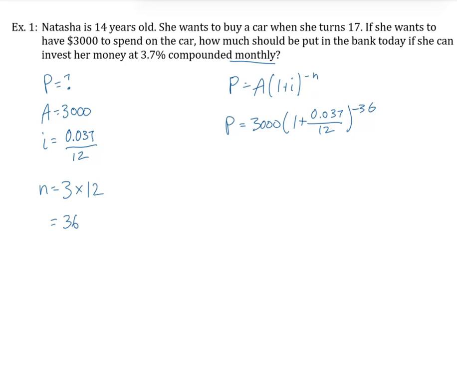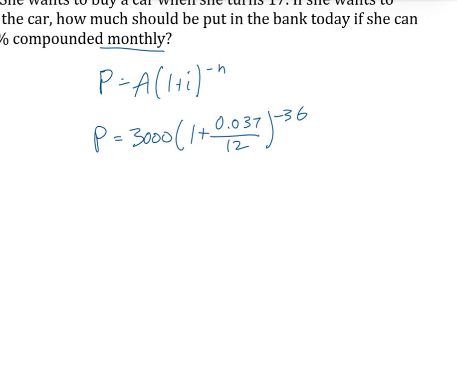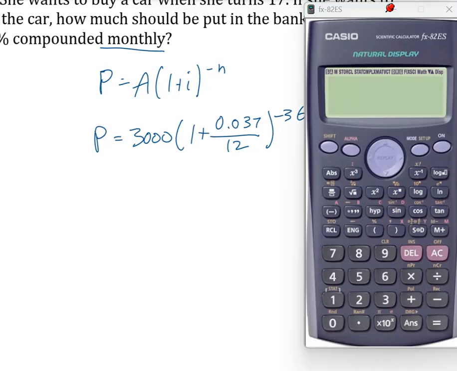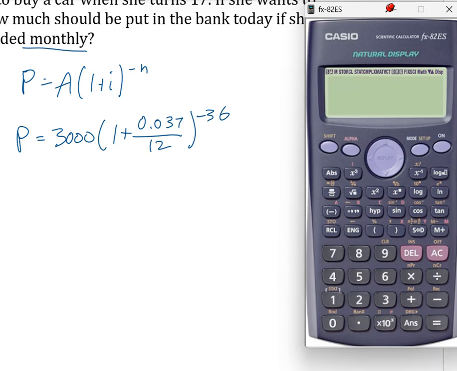Okay, subbing everything in, and then we just put it into the calculator. That negative 36 is really important, so make sure you put it in as a negative. I'm going to go back to that in a moment.